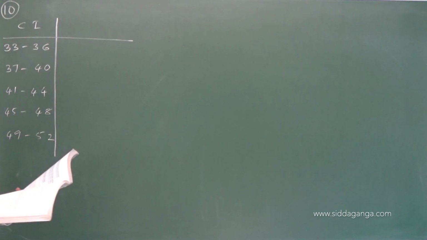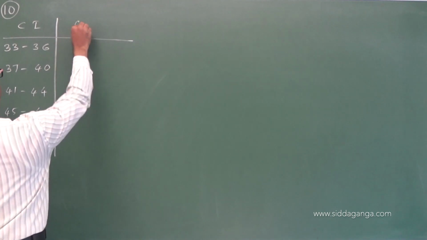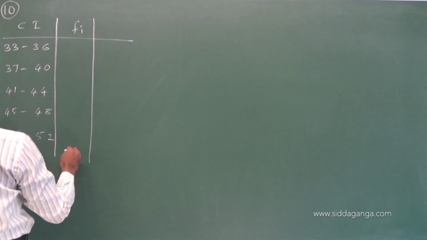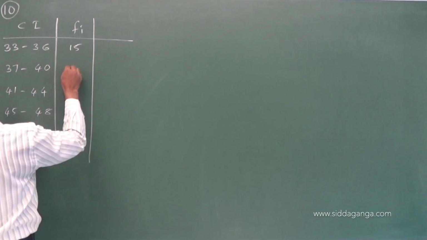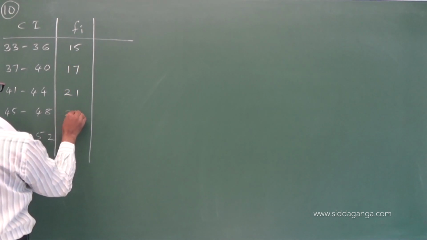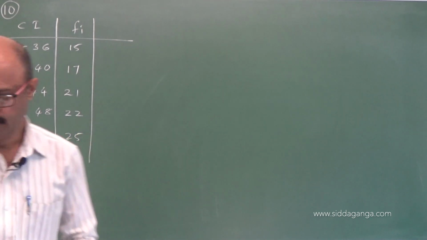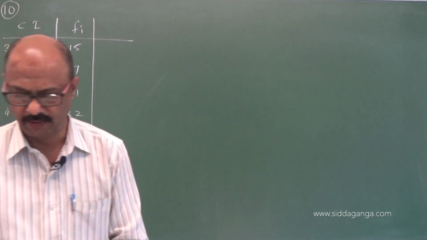This is the class interval. Given frequency Fi is 15, 17, 21, 22 and 25. This is the given frequency.